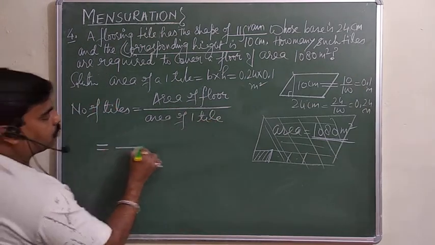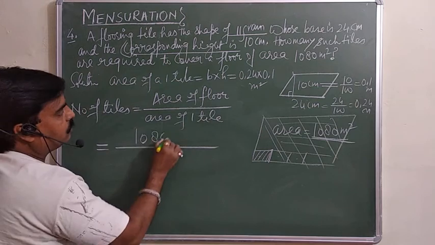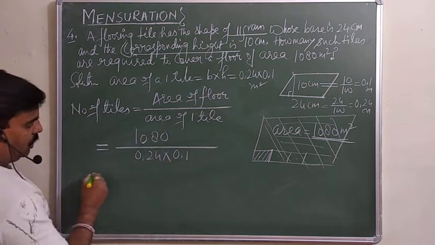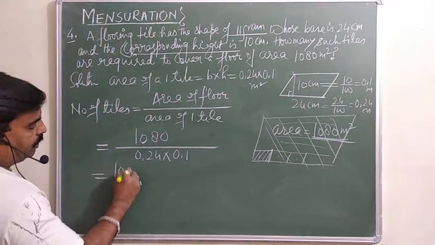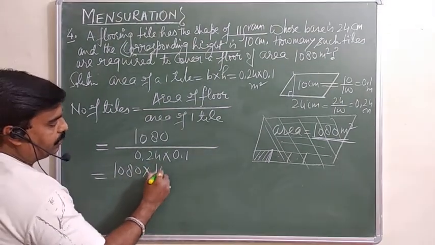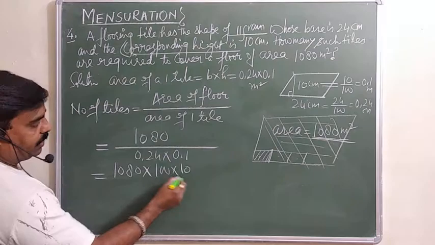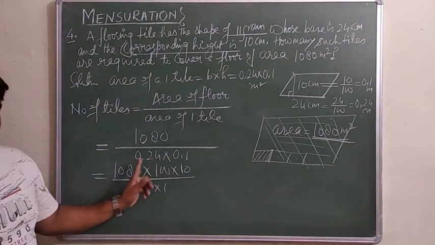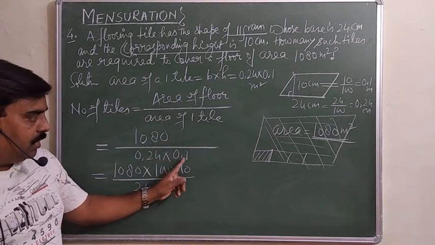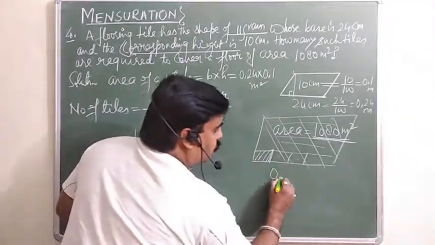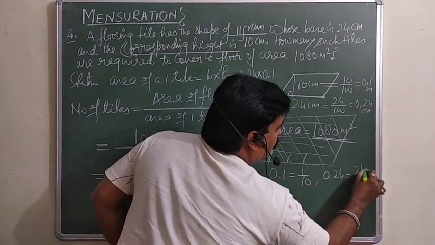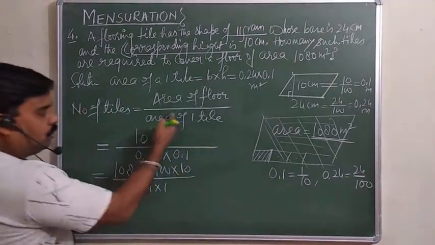The area of floor is already given, that is 1080, over 0.24 into 0.1. You can remove the decimal points, so 100 will go in the numerator.